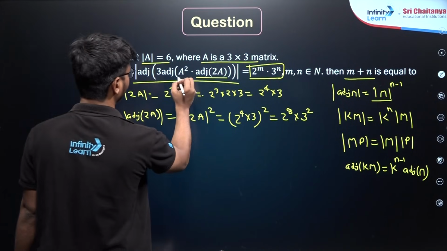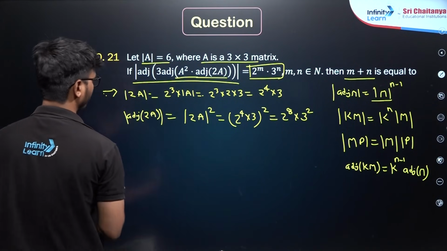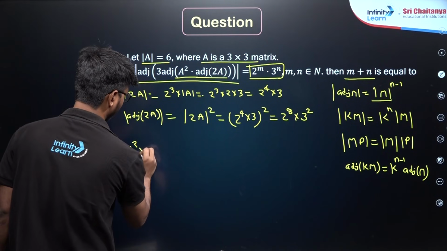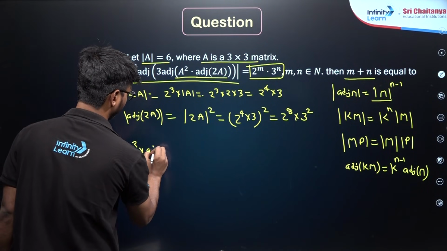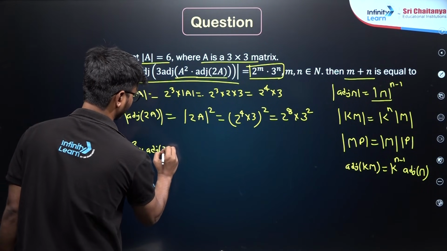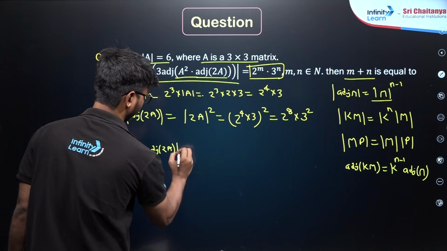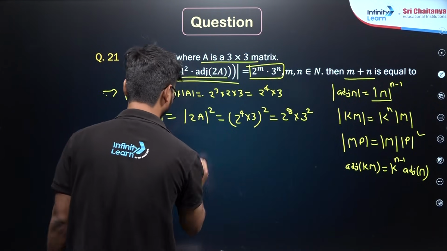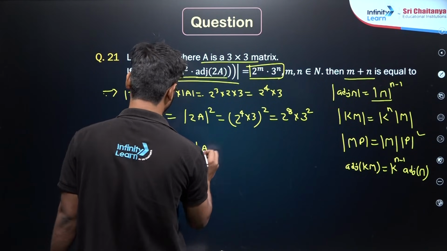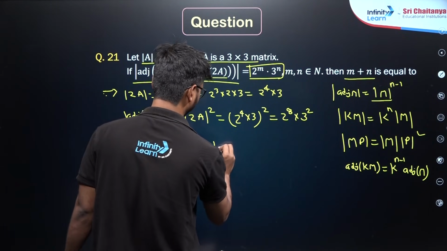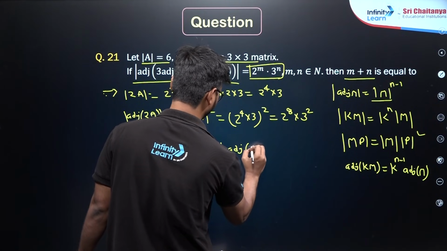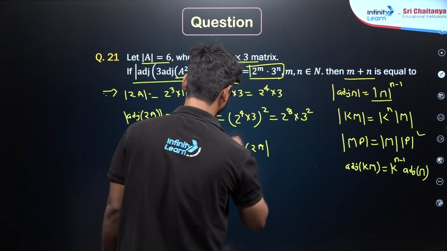Again I am going to find this term now. So it will be determinant of A square into adjoint of 2A. So using this property this time, I can write it as determinant of A square multiplied by determinant of adjoint 2A, correct?